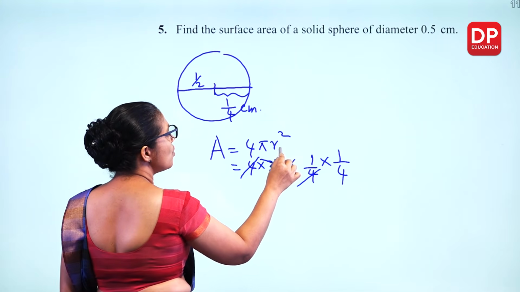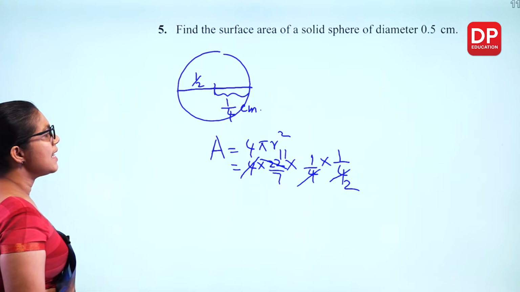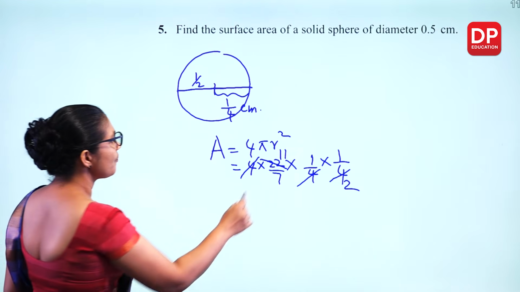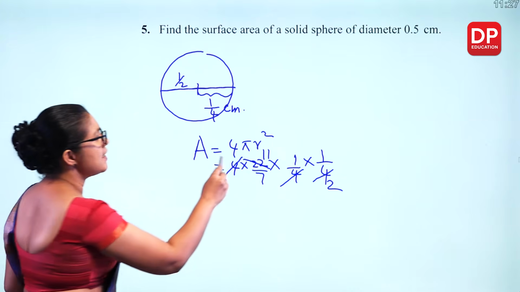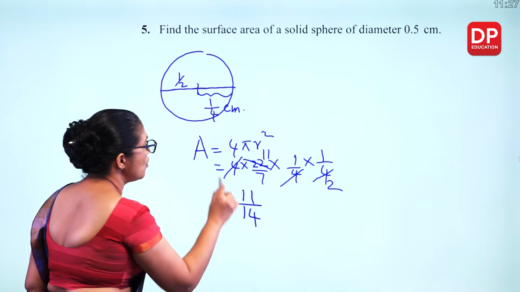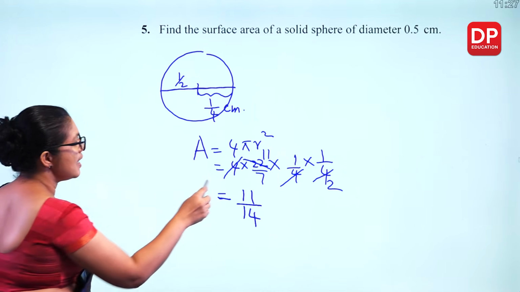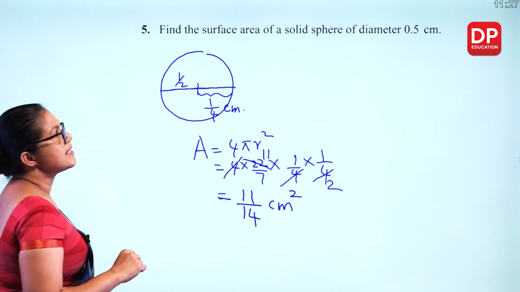Divide by 2, this is 11, this is 2, so you get 11 divided by 2. And another 7 is also there. So 11 times 1 is 11, 7 times 2 is 14. So the surface area of the solid sphere is 11/14 square centimeters.